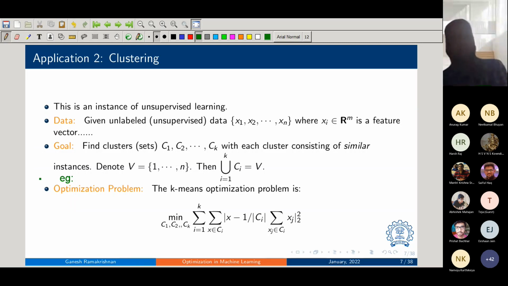We are trying to find the clusters. So this is 1 upon Ci, the points that belong to that cluster, and you take the mean of all of them. The point X in that cluster belonging to Ci should be close enough to the mean. So the entire part here is the mean of the cluster.